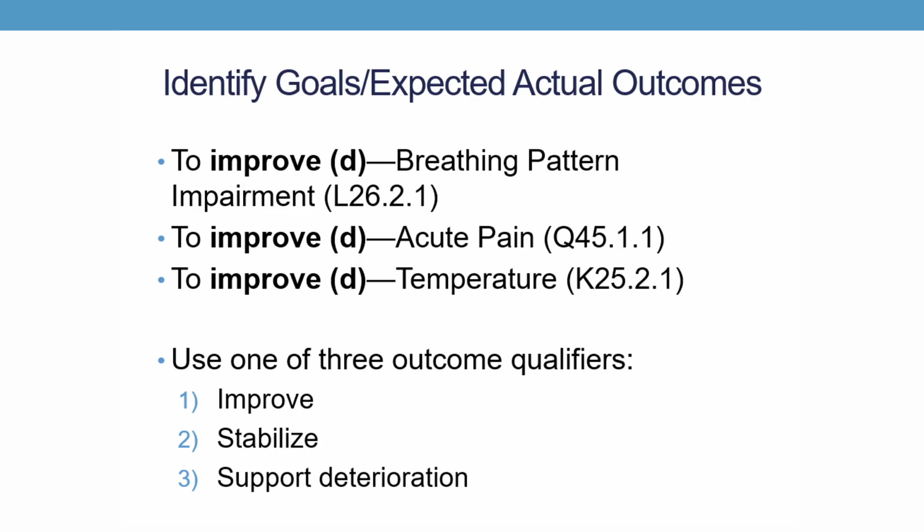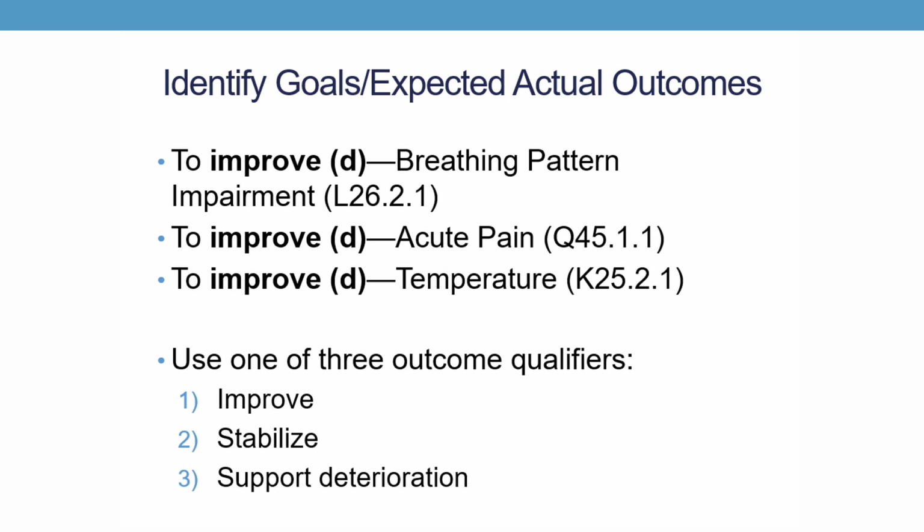The reason we use these 3 goals is because the government requires goals in their documentation, and the goal is critical to see if on discharge it has been resolved or not. This is critical to nursing care, and it gives value to the services that we have provided.